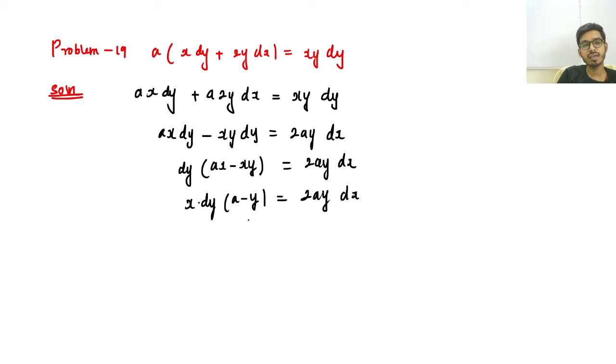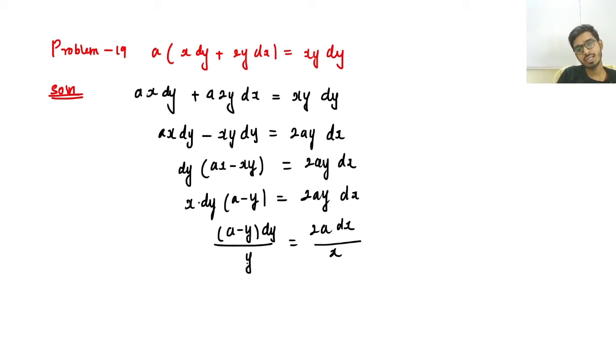Now you separate x dx to one side, y dy to the other side. So I'll keep this a minus y dy here. Now you bring all the y terms to the side, so we will have y here. Let us keep this 2a dx as it is. Now you bring all the x terms, which is x. Now integrate on both sides, you will have the answer, right?